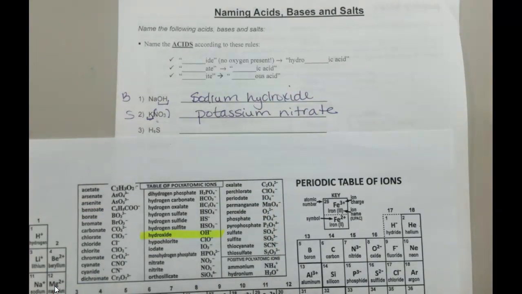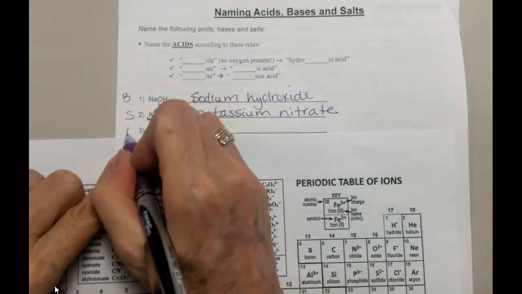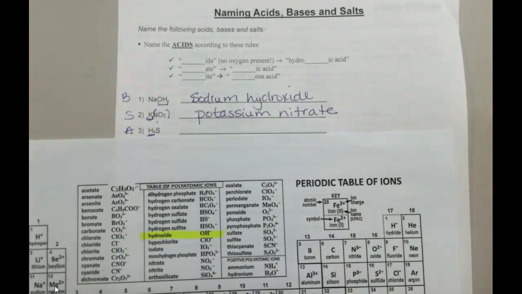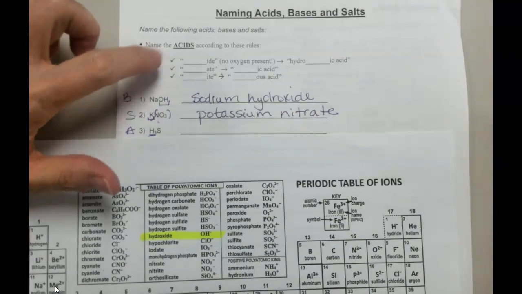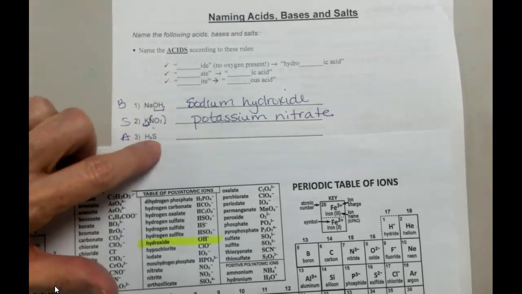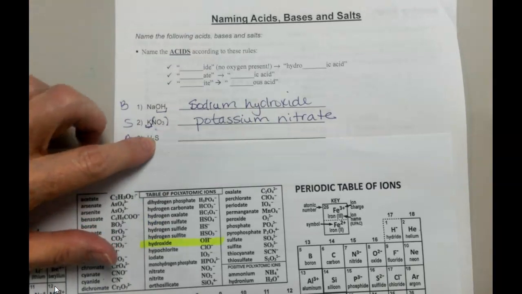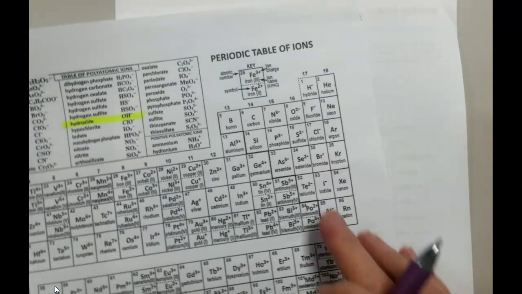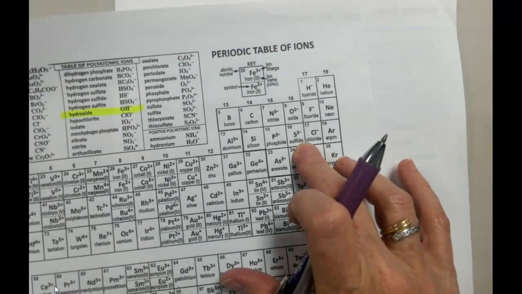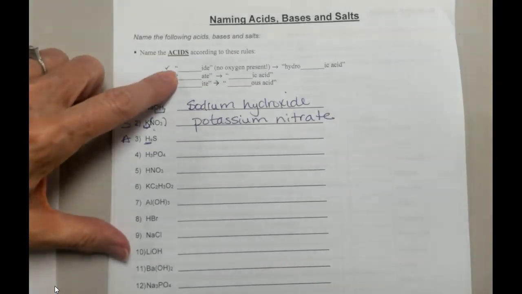Okay, then if it is an acid like number 3, how do I know that? Because it starts with hydrogen, so that's an acid. So then I'm going to use these rules, but only for acids. So I have 2 elements, no oxygen is present because S is what? S is sulfide. So what am I going to do? Sulfide is here.